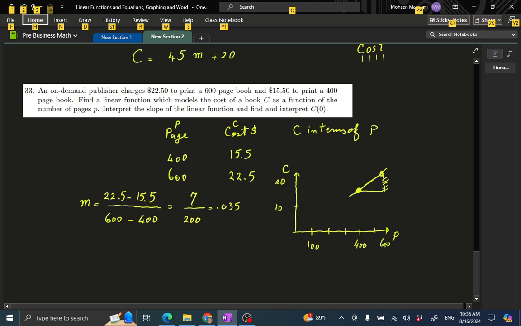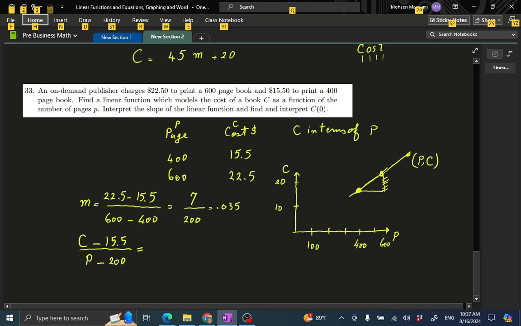How did we write the equation of a line? We said y minus y of a given point. Well, now instead of y, I have c. c minus 1550. So here, suppose I have a point with coordinates p and c. Instead of x and y, they're called p and c. So I say c minus c of this point, say c minus 15.5 over p minus 200.